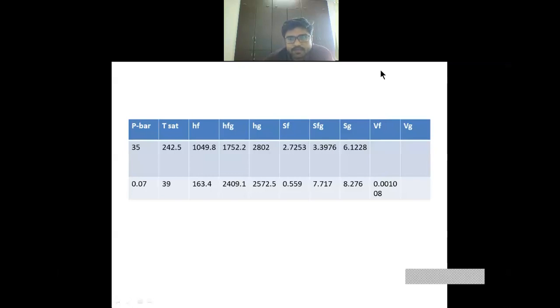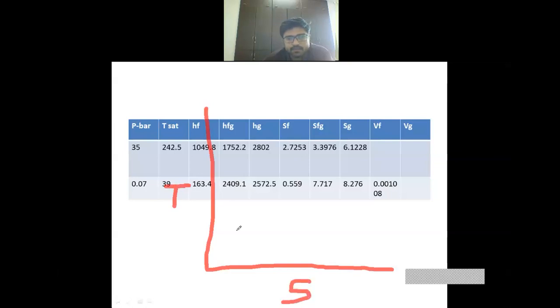For H3, suppose here we have a diagram. Suppose this is the TS diagram, and this is the Rankine cycle for saturated condition. Suppose this is point 1, this is point 2.